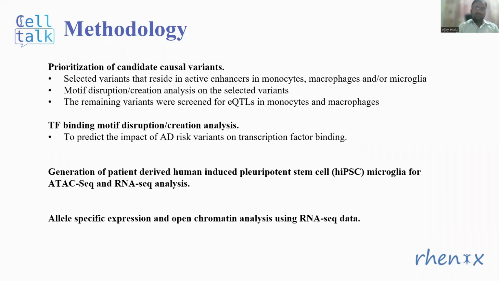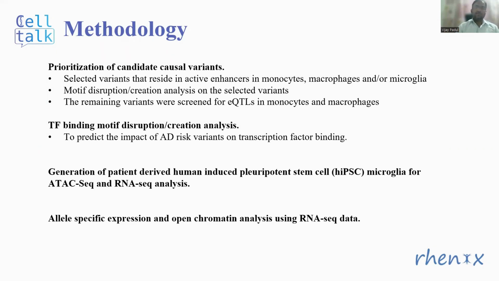Then the remaining variants were screened for the eQTLs in the monocytes and macrophages. That means whatever variants were selected up to the second step, the next step was the eQTLs. eQTLs provide the expression quantitative trait loci. So at that particular stage, they screened for this eQTL expression status in monocytes and macrophages.